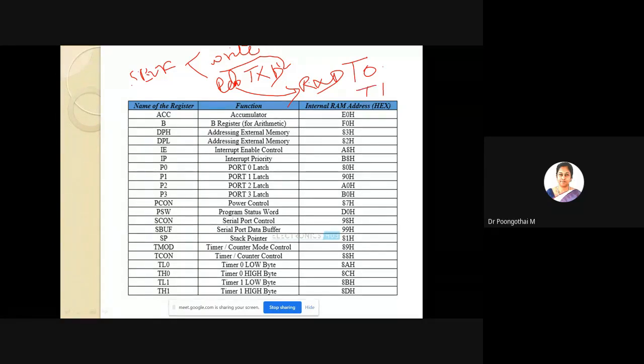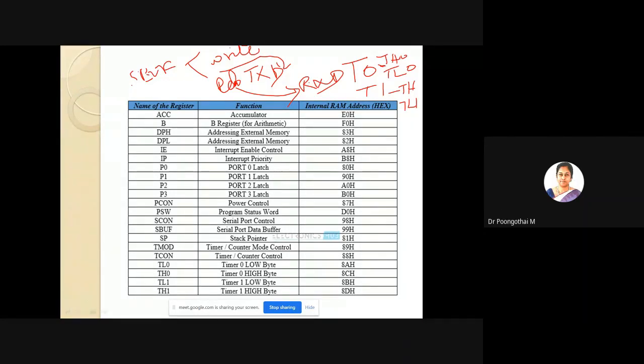So it is divided into TH0 and TL0, and this is divided into TH1 and TL1. Two timers are available and the size of each timer is 16-bit. So timer 0 is a 16-bit timer and timer 1 is a 16-bit timer.